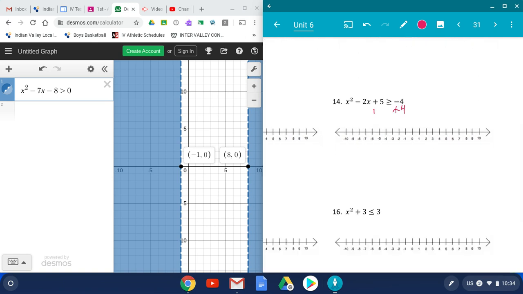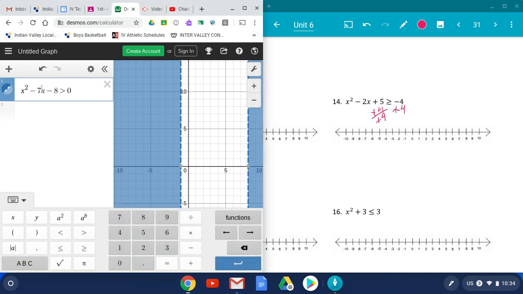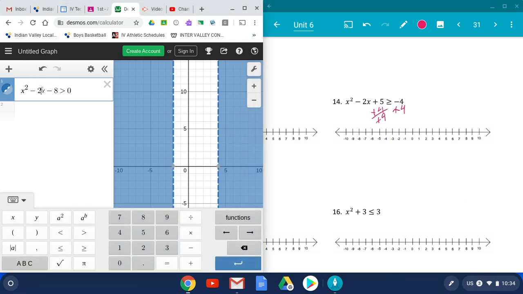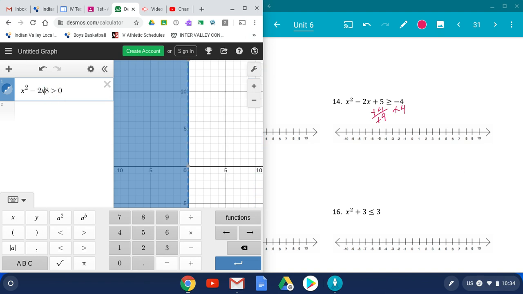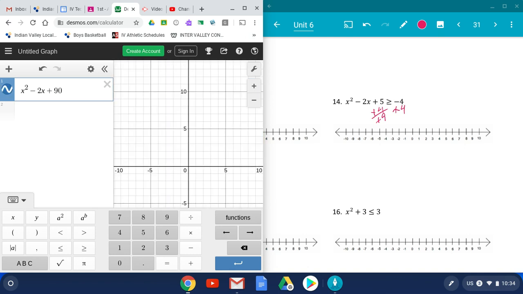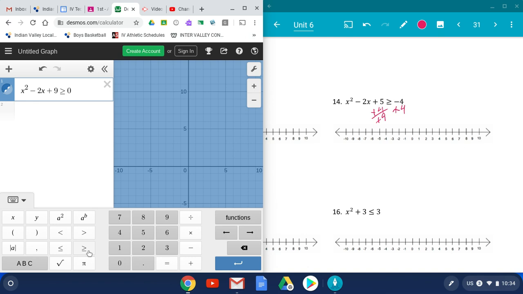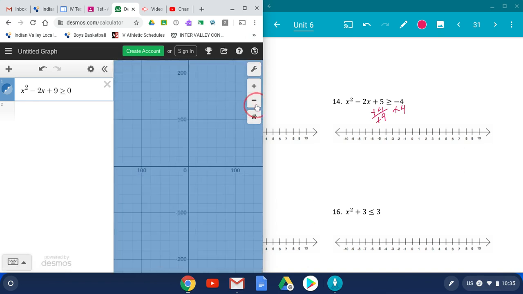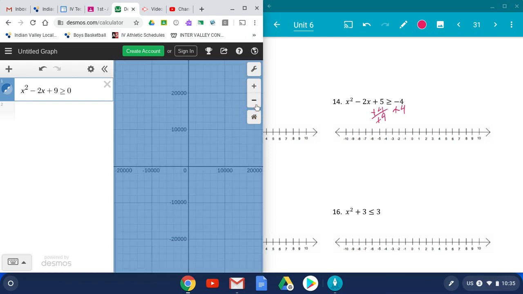So plus 4, so that makes that plus 9. So x squared minus 2x, type this into Desmos. Plus 9 is not less than, but is greater than or equal to 0. And notice everything is colored here. So that is infinitely many solutions.